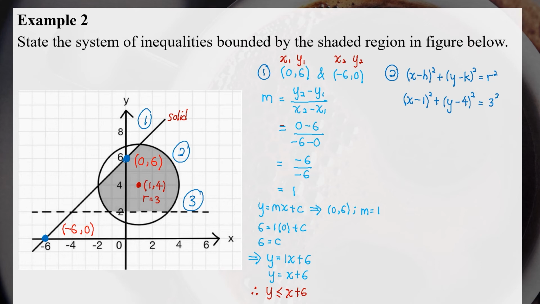From here we have x minus 1 squared plus y minus 4 squared equals 9.